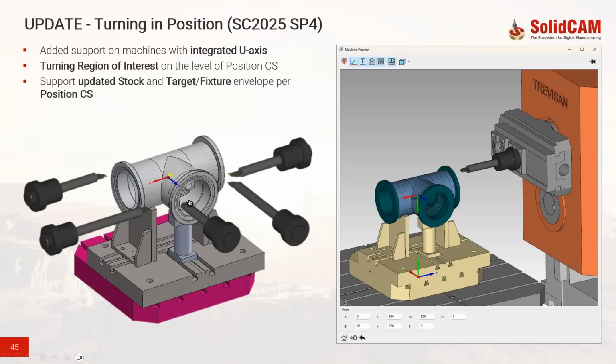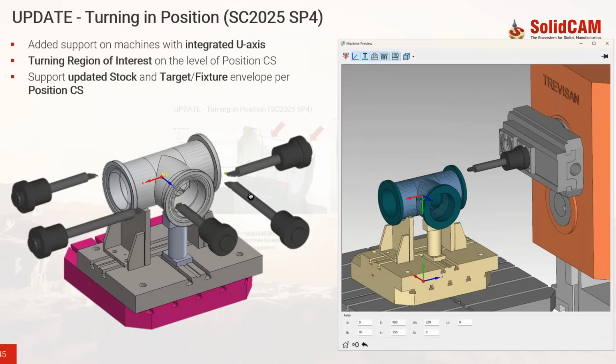So we support updated stock, updated toolpath, and a correct tool orientation. You can define the fixture, so the fixture envelope will be regenerated for each position. Great. Now this is still in beta, okay? But you can start machining your part.